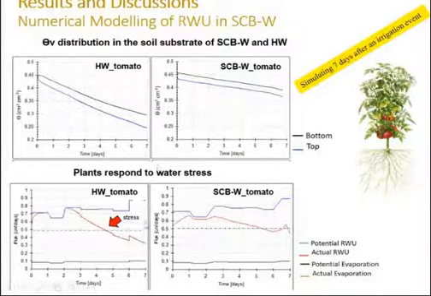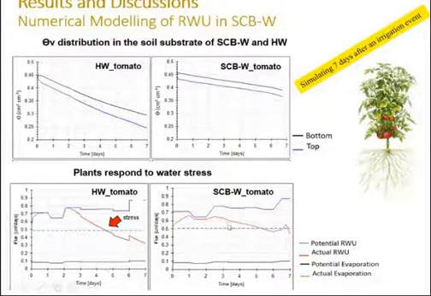We can see that the tomato in the control reached stress after almost 4.5 days. It means that the moisture content in the soil dried very fast, and then it reached a stage where the plant started experiencing stress.